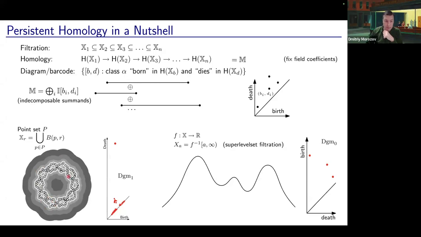And so I've highlighted a few of these sublevel sets, unions of balls, with different colors. And now if you simply keep track of how the homology changes in the sequence of these X_r in this filtration, you will get a pairing where classes will appear, and then there will be a unique time where a class will die. And from that, we will recover this persistence diagram.